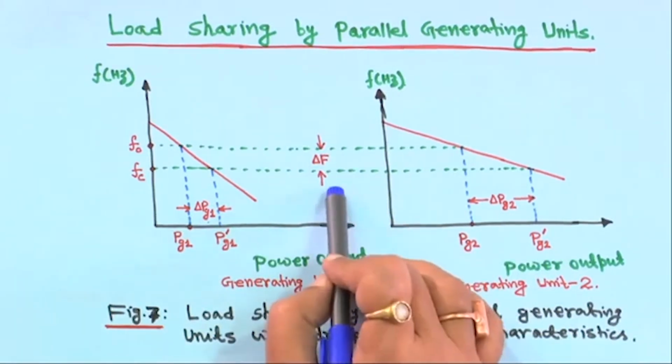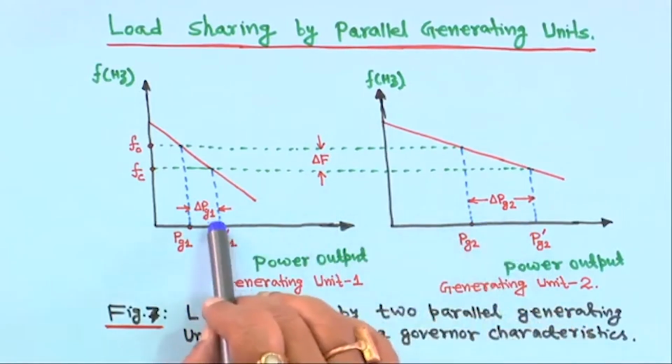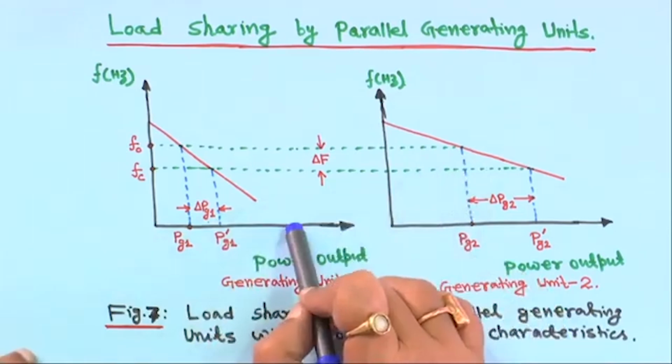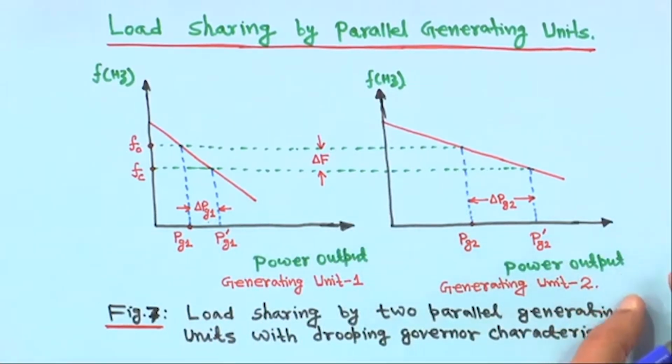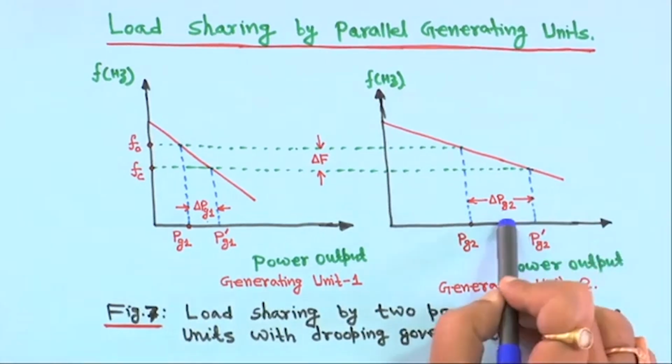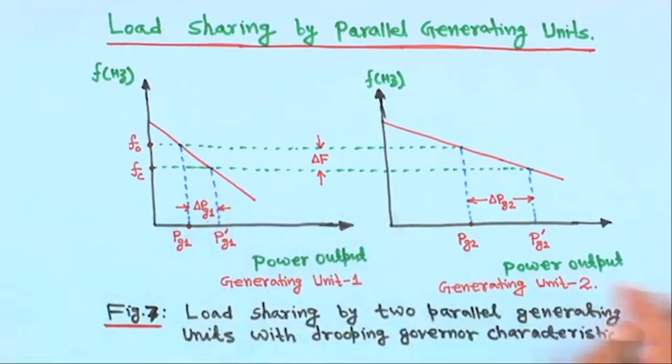Although delta F remains the same, delta Pg2 and delta Pg1 will be different unless their speed droop characteristics are identical.